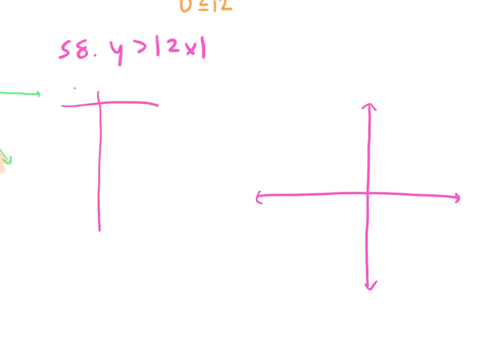Remember, we're going to plug in numbers. How do we find what number we plug in the middle? How do we find what our middle number is going to be?